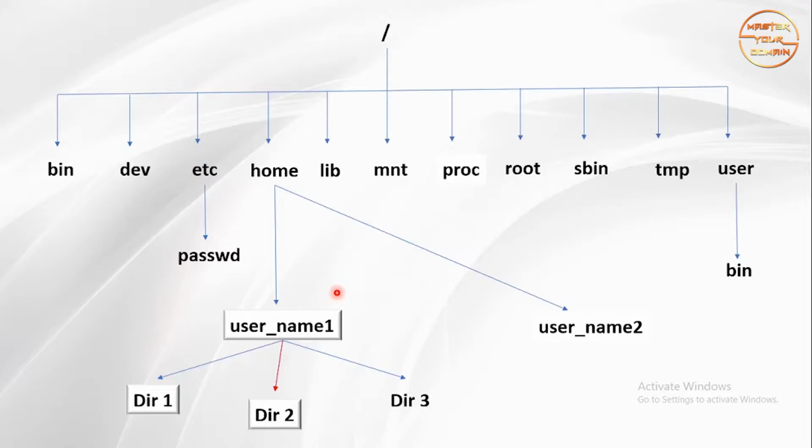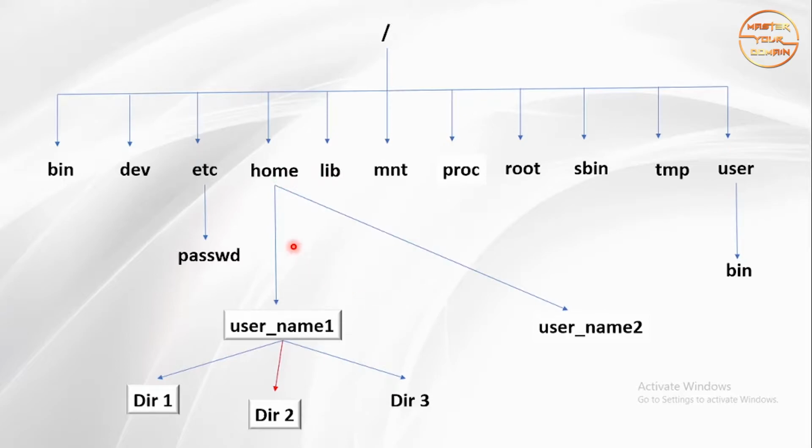So for example, if you are a new user, you have a username and a password, then whenever you log into the system for the first time, a new directory with the same name as your username is going to be created under the home directory.